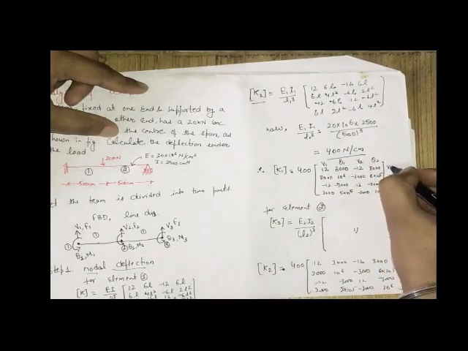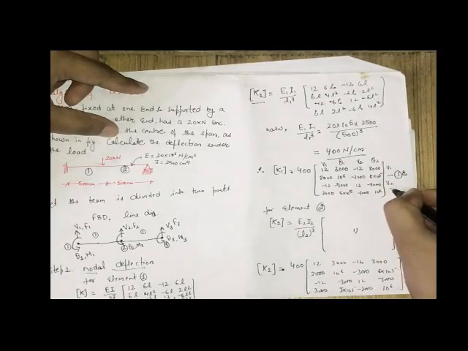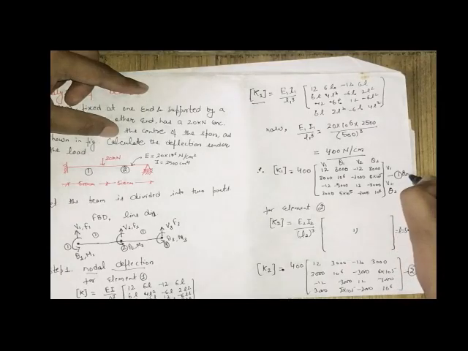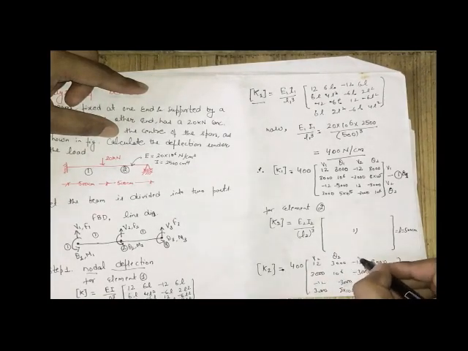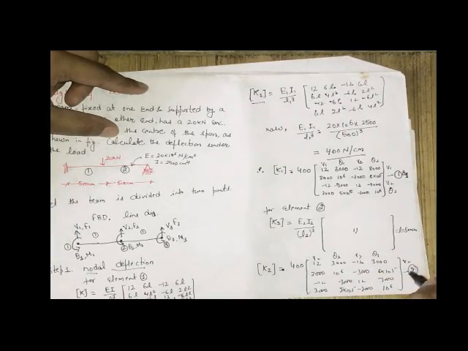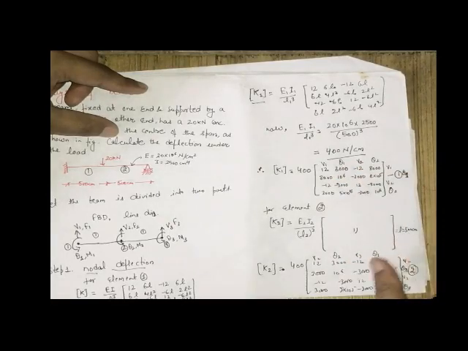Similarly for element 2 we write V2, theta 2, V3, theta 3. So we have calculated the stiffness matrix for elements 1 and 2.